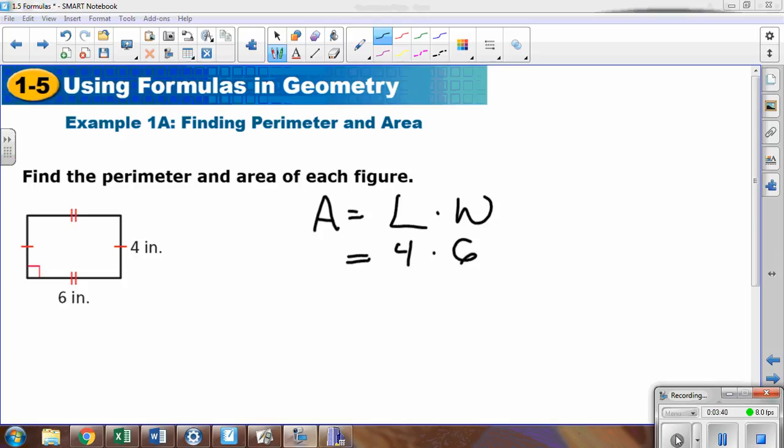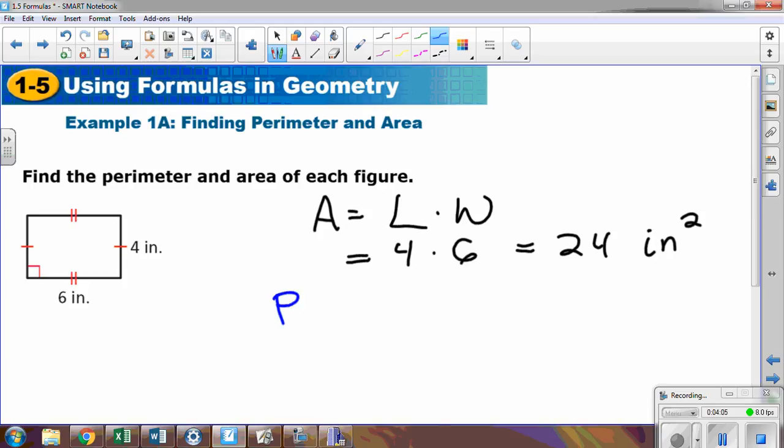We'd have 4 times 6, giving us 24. But once again, 24 what? Inches, but that's not the right label. Area is not linear. Area is squared. So make sure you have inches squared.